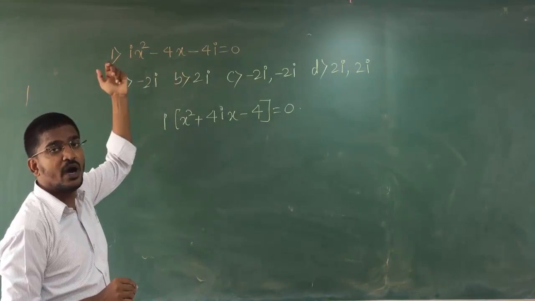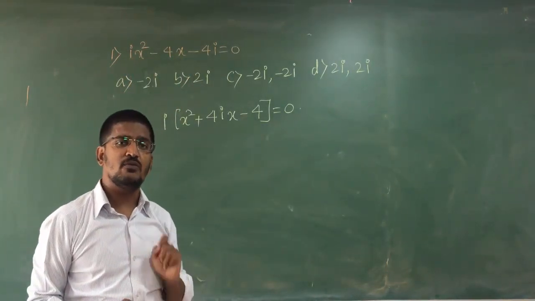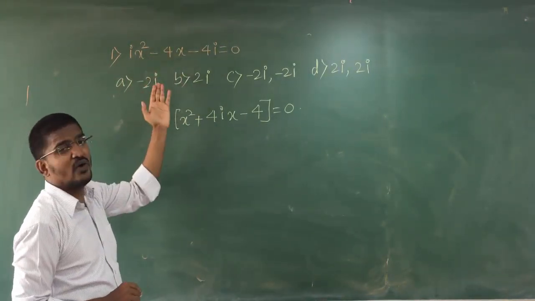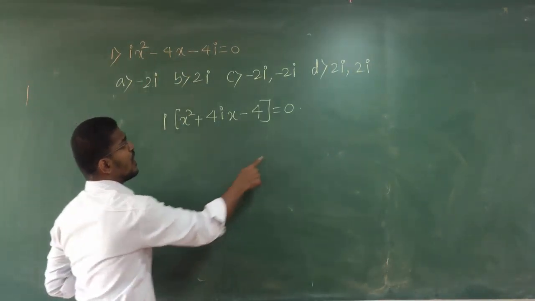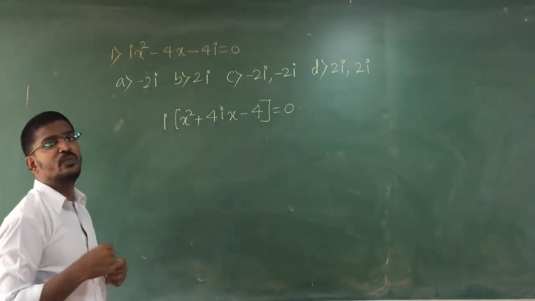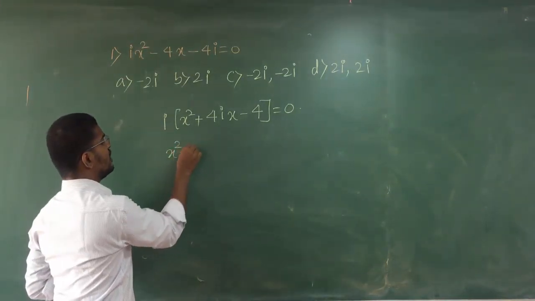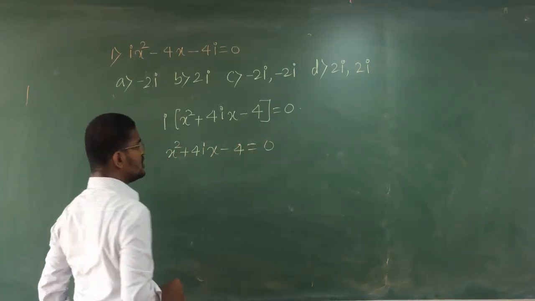If I take common, 1 by i can be written as plus i from the roots of complex, so 1 by i will be plus i. Now take i to LHS, it will be equal to 0. So that is x square plus 4ix minus 4 equal to 0.